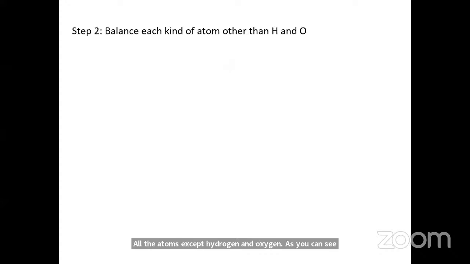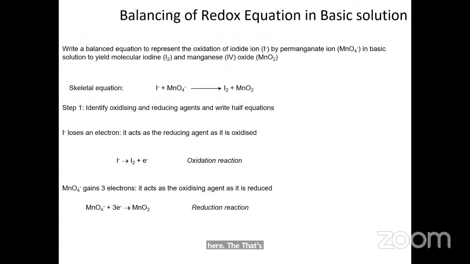We continue, we balance all the atoms except hydrogen and oxygen. In the oxidation equation, we can see that the iodide is just 1, and then for iodine, you have 2 atoms.